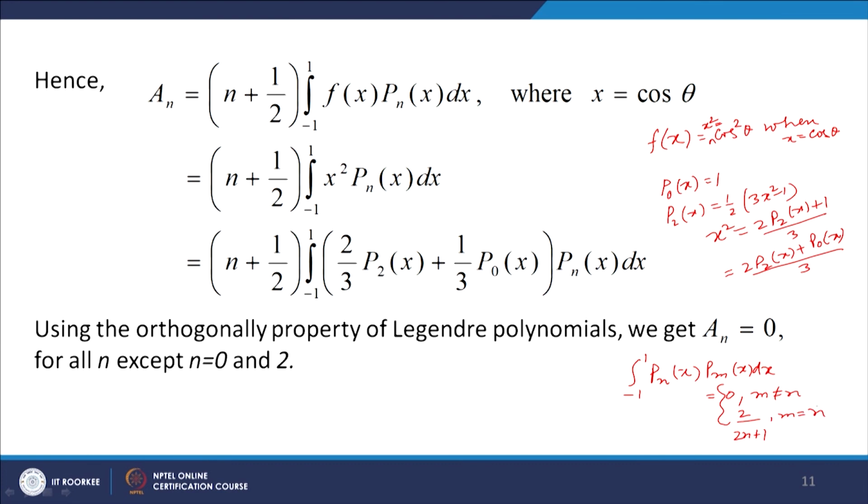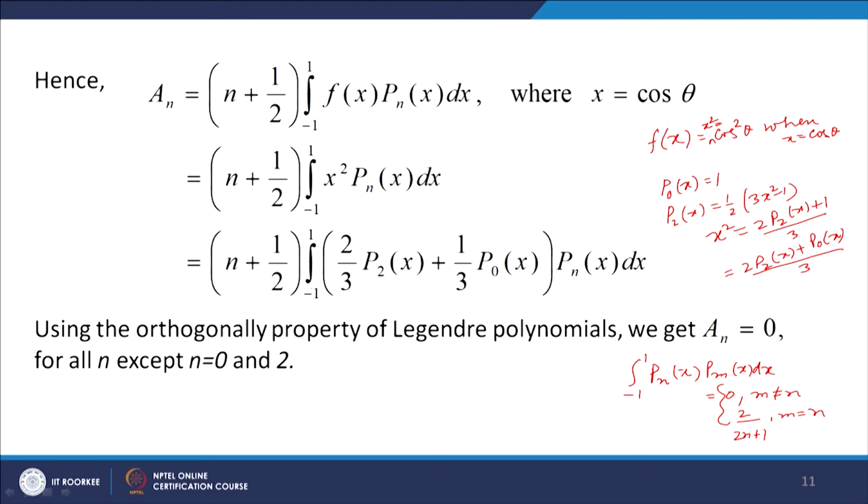So, applying that, the integral from -1 to 1 of P_n(x) P_2(x) will be 0 for all n other than 2. And when n is equal to 2, the integral of P_2 square(x) will be 2 over 5.